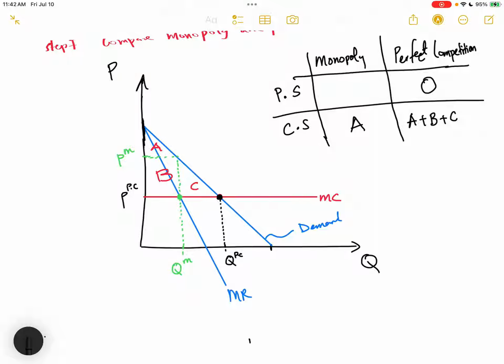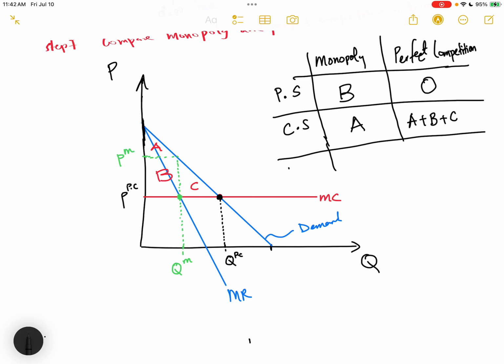It's 0 because there is no area that's under price P^PC and above marginal cost, because the marginal cost curve is horizontal. Okay, for monopoly, if you remember, producer surplus is area B.